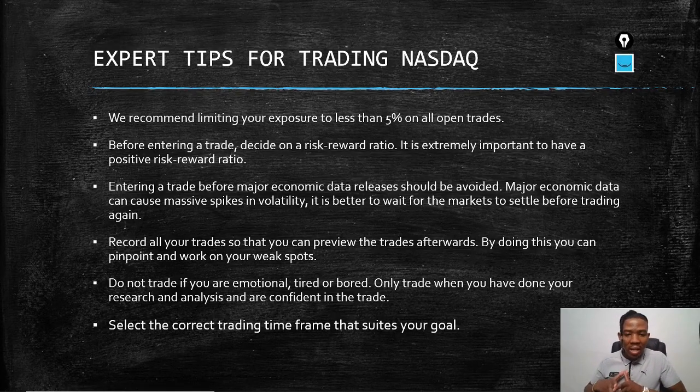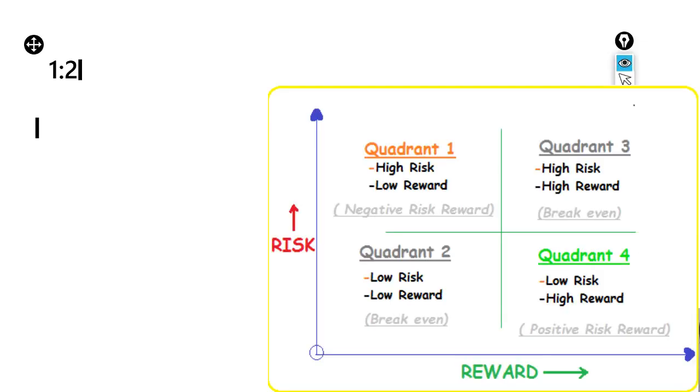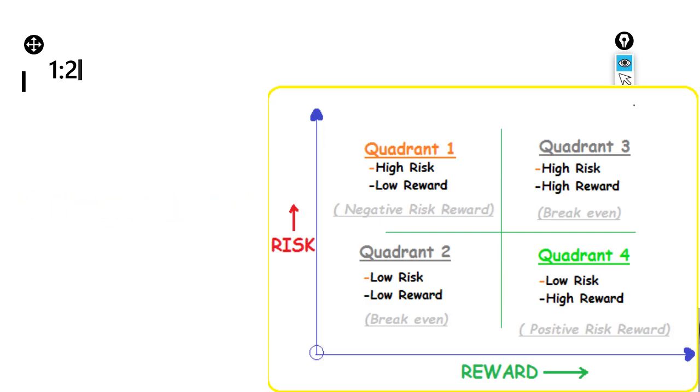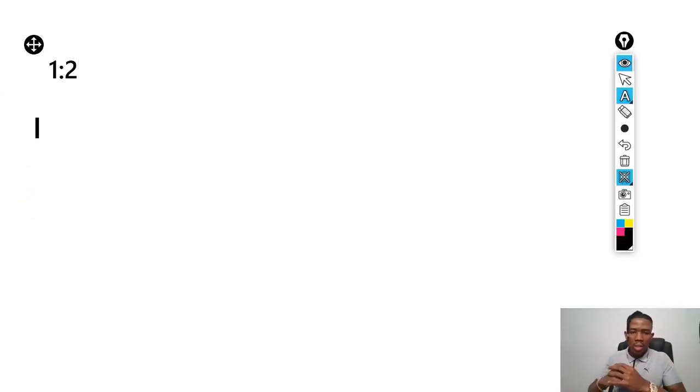Before we enter trades, guys, we recommend that you decide on a risk-reward ratio that is always positive. That will ensure that you always have a positive statistical advantage. Let me show you what I mean by that. Whenever we trade Nasdaq, we have to ensure that we use a risk ratio of 1:2. So why do we want to use this kind of ratio?